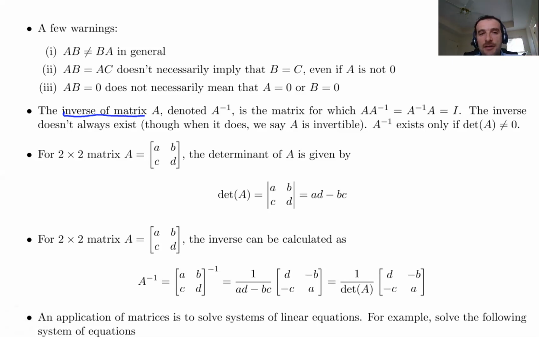The answer is yes, but to do so, we should find the inverse of a matrix. The inverse of a matrix is denoted by A to the -1. It is the matrix where A times A inverse is equal to the identity matrix. Or if you switch the order, it's still true, okay?